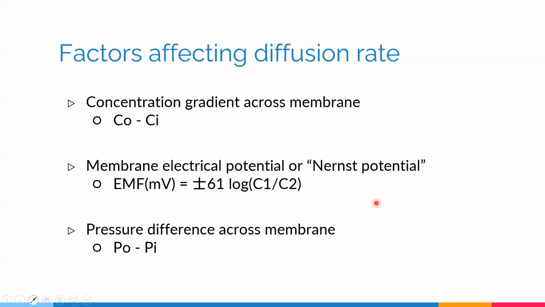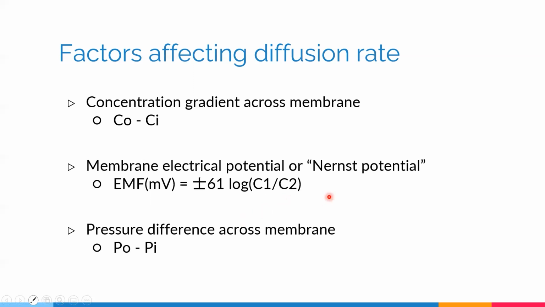So this charge interaction, or the electrostatic interaction that plays a role in diffusion, is given by the Nernst potential. Nernst potential is described as EMF which is measured in millivolts and is given by the formula plus minus 61 into log of C1 by C2, or the concentration difference of the particular molecule outside and inside the cell.